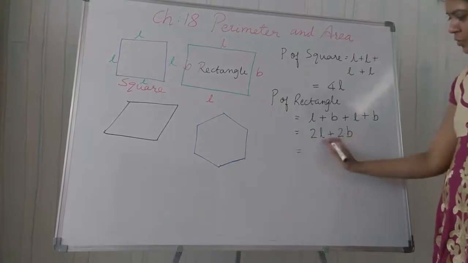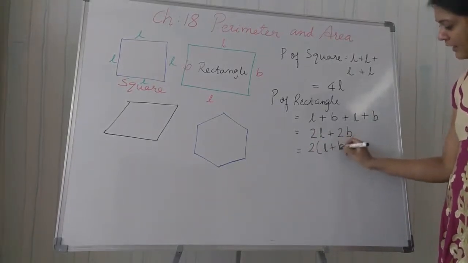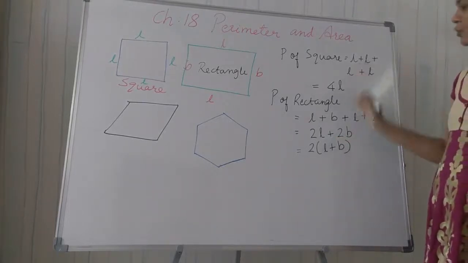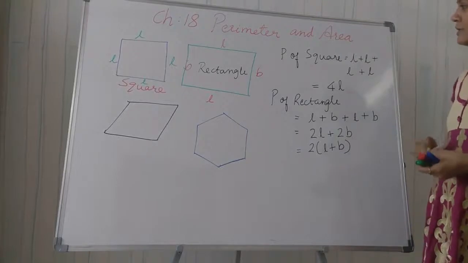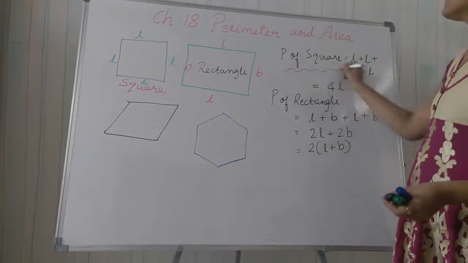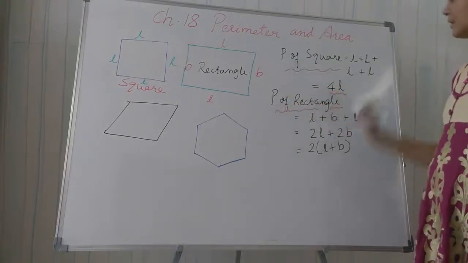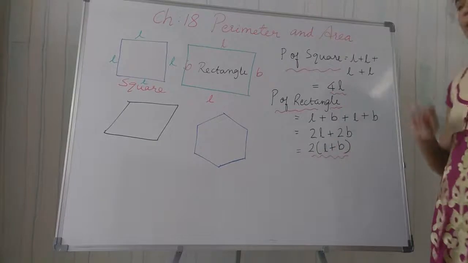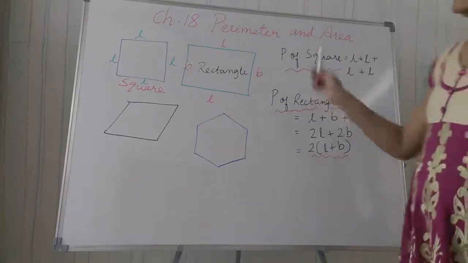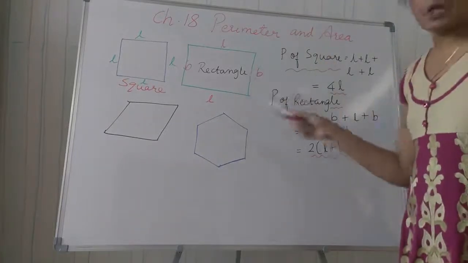Students, you can take 2 common here and write in the bracket L plus B. This way you get 2 formulas. One is perimeter of square, which has formula 4L, and this is perimeter of rectangle, whose formula is 2(L plus B). Now, what is the definition of perimeter of any shape?